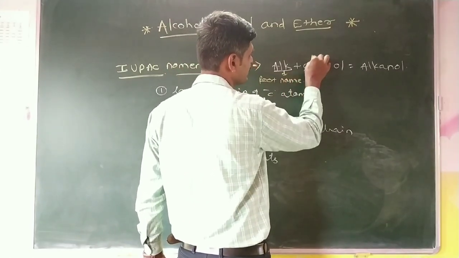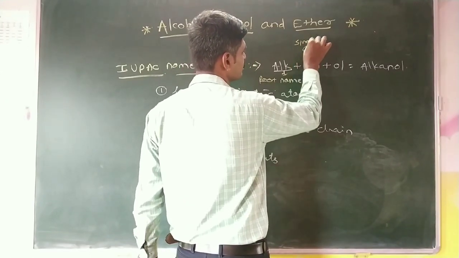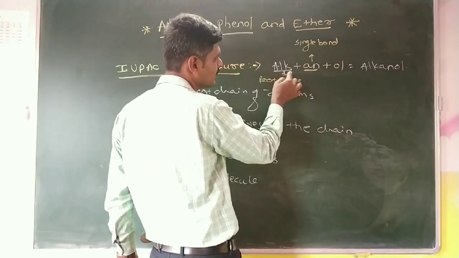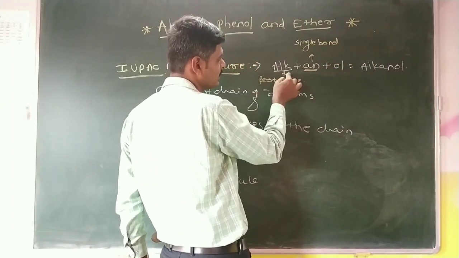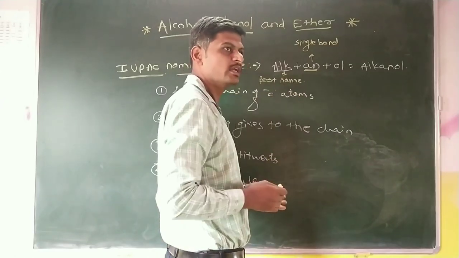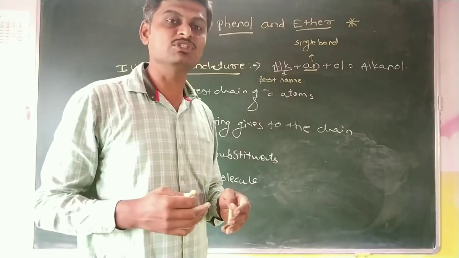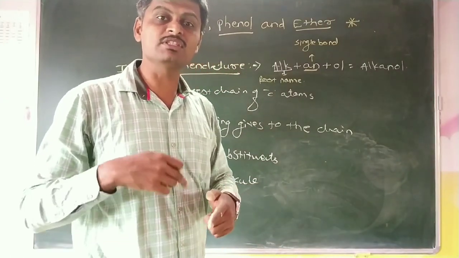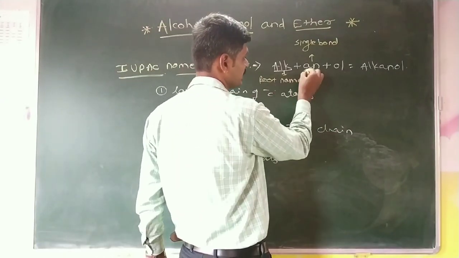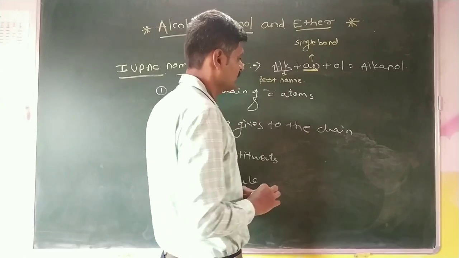This an is represented as a single bond. This single bond is present in alk. That means alk is named on the root name, that is how many carbon atoms are present in a molecule, which is single bonded or double bonded or triple bonded. If single bonded carbon atoms are here, then we can write the an.